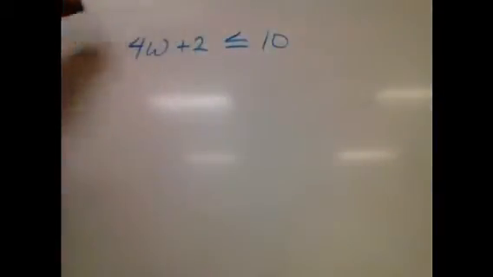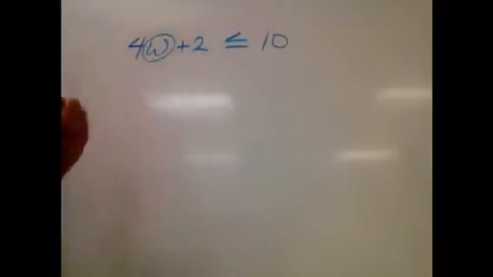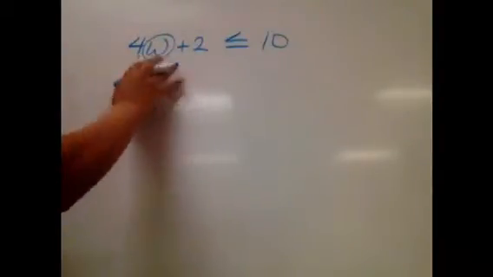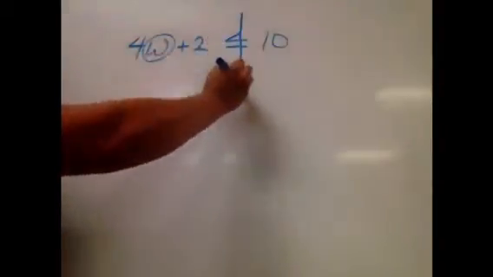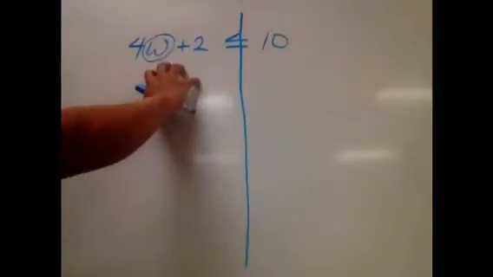Let me erase that. What we want to do again for two-step equations is first identify our variable. This is W, the control center, and we're going to go straight down. Remember, the first step is always to add or subtract whatever is here, doing the opposite.